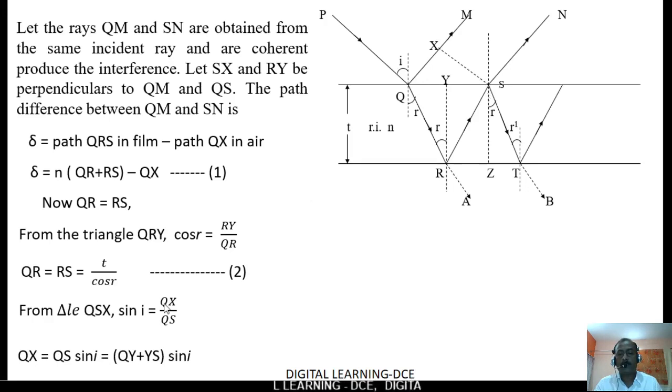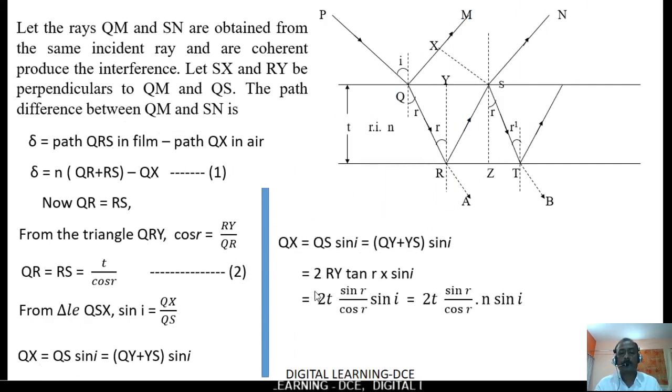Therefore, on cross multiplying, QX is equal to QS into sin I, that is equal to (QY plus YS) into sin I. This is equal to 2 into RY tan R into sin I, because QY is equal to RY tan R and YS is equal to RY tan R, as you can define tan R in this diagram. Hence the addition of these two becomes 2 RY tan R into sin I. Here RY means the thickness of the medium, therefore 2T. Tan R means sin R by cos R, into sin I.